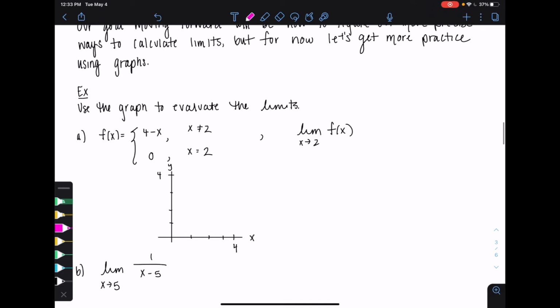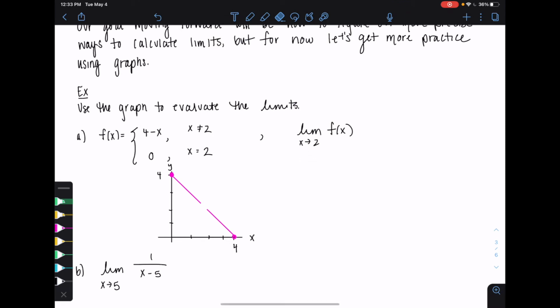Graphing is always not super fun either. If I plug in x equals 0, your y is 4. X equals 4, your y is 0. If you try to plug in 2, you'll get an output of 2, but it has a hole at that particular point.